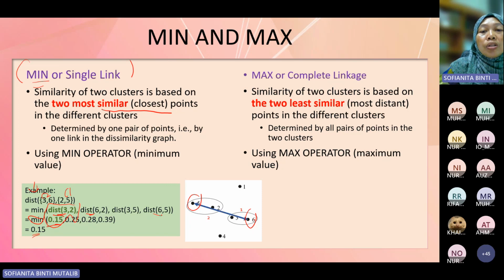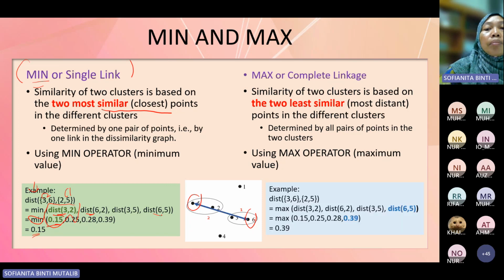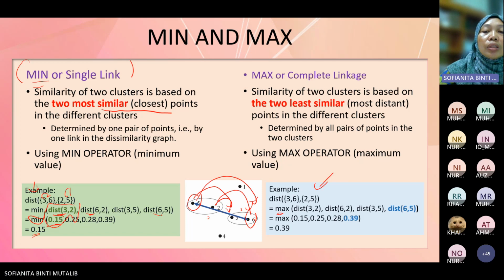So the same goes for this concept. The algorithm will try to find, but replace min with max. So we can see whether this is the farthest or this is the farthest.